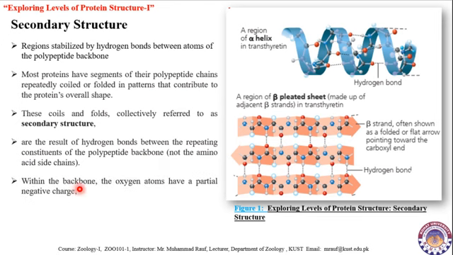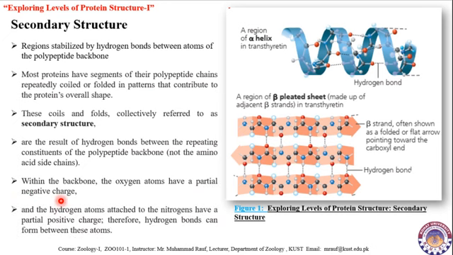Within the backbone, the oxygen atoms have a partial negative charge, and the hydrogen atoms attached to the nitrogen have a partial positive charge. Therefore, hydrogen bonds can form between these atoms.